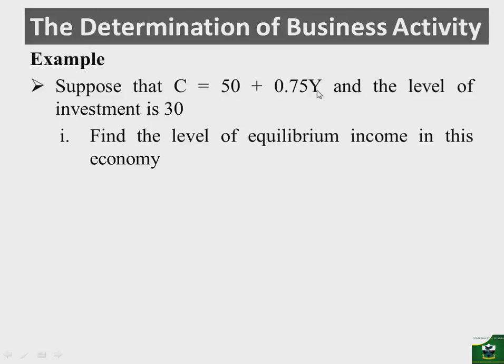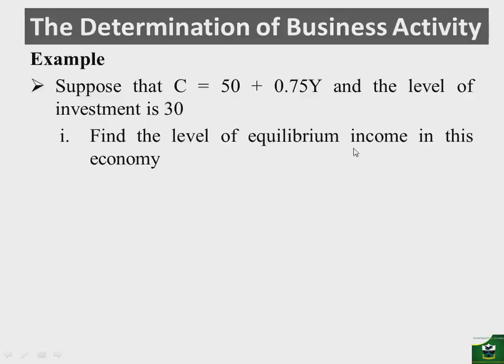If income increases by 100, it means that consumption will increase by 75. So this part here is called the marginal propensity to consume. And the y here is our income. Notice also the level of investment being 30. So it doesn't depend on anything, meaning it is autonomous.